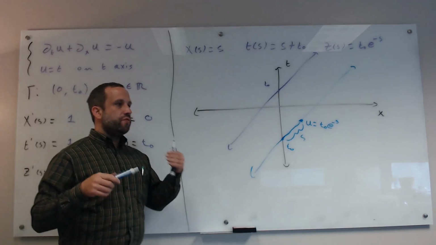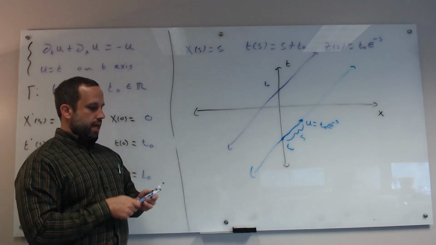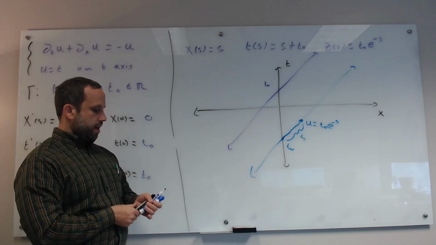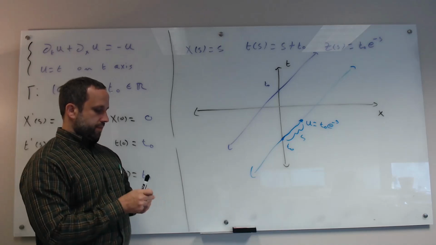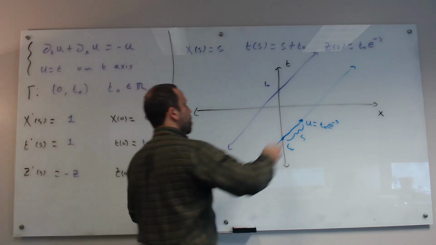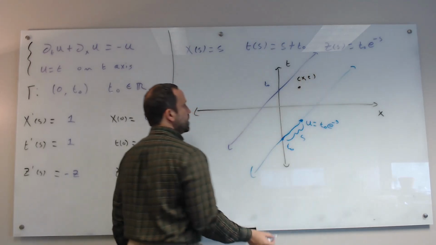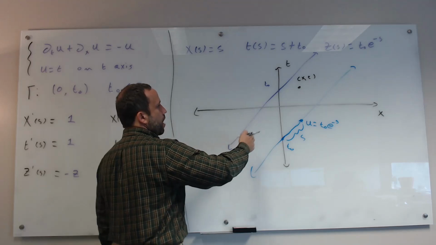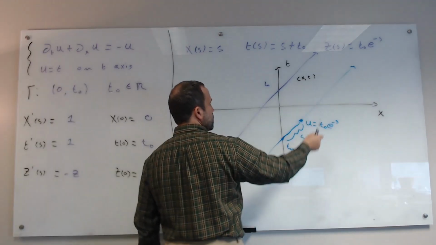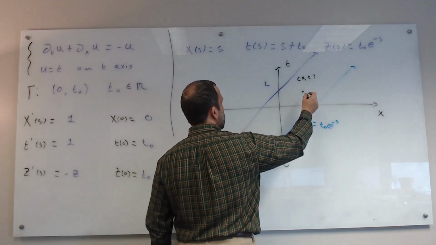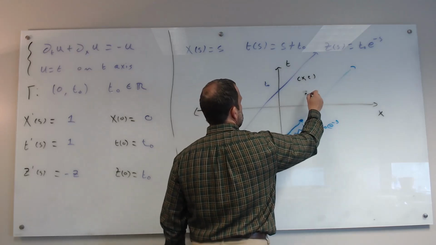We want to say u of x, t is equal to something. In other words, as we've done with the previous examples, we want to start with the point x, t in the plane, and then figure out what the appropriate t naught and s are. I'm going to start from right here, actually. Okay, right here.